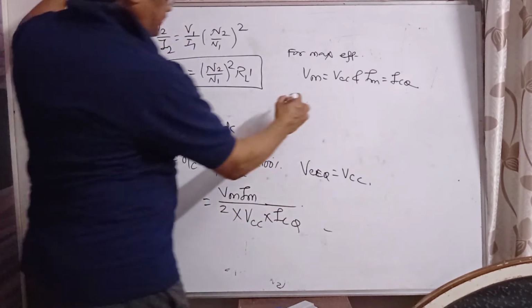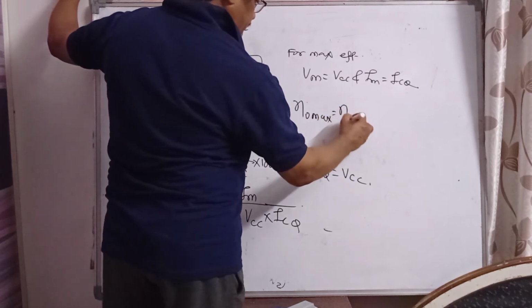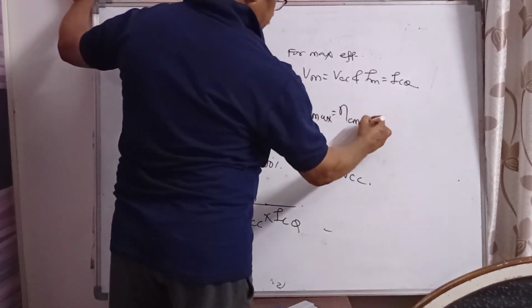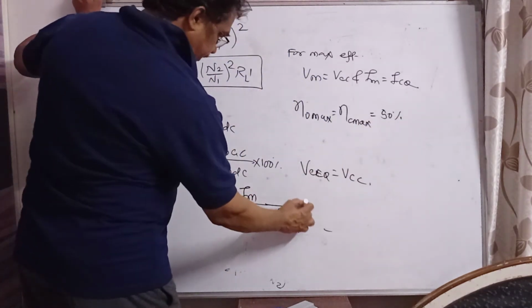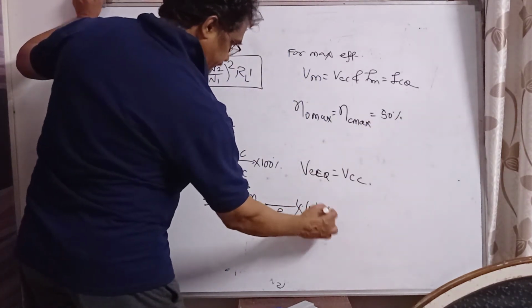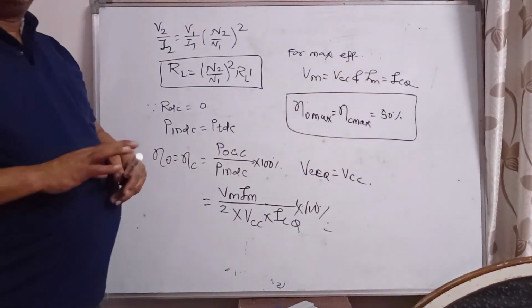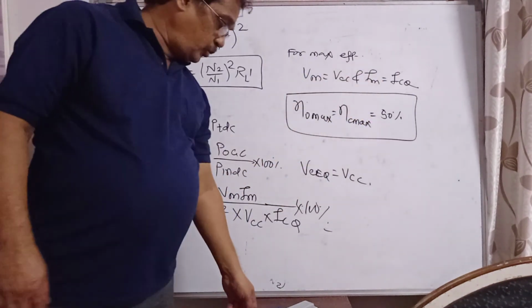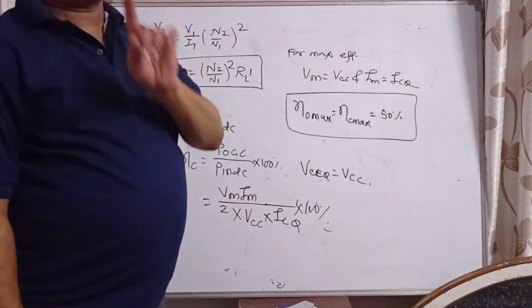So the maximum efficiency for the transformer coupled amplifier is 1 by 2 into 100, 50%. Right? This much you have to write for a short note on the transformer coupled power amplifier.